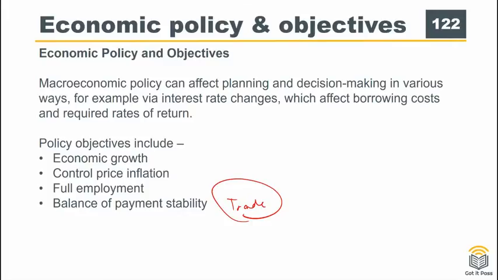The government would like to have a trade balance with its major trading partners. The balance of payment stability also means the currency is stable as well.